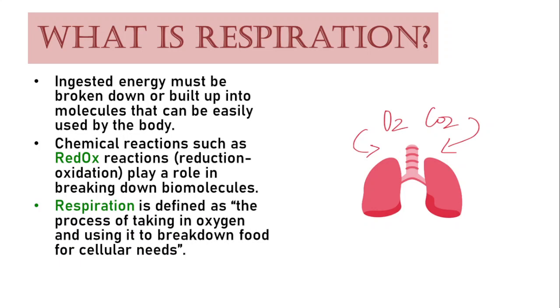They are called redox reactions, or reduction oxidation reactions. These are the specific set of reactions which are going to help build up biomolecules in our body. So when we define respiration, it is the process of taking in oxygen and using it to break down food for cellular needs, because the basis of redox reaction is the gas oxygen.